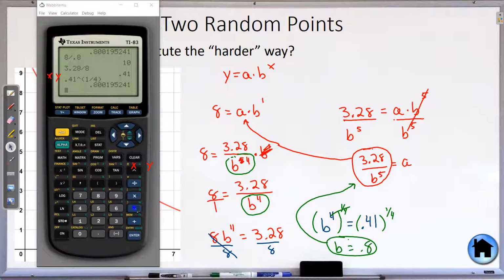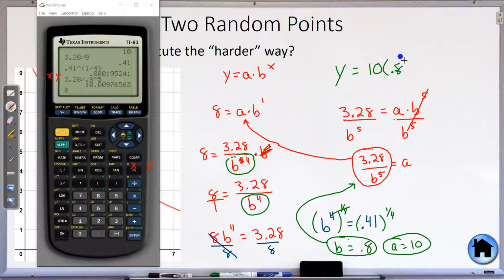So I'll do that over here just on my calculator: 3.28 divided by 0.8 raised to the power of 5. Now we got a little bit of round off error, but I'd say that answer is still pretty clear, where a is equal to 10. So our equation is the same if you remember from the previous video, 10 times 0.8 to the power of x.